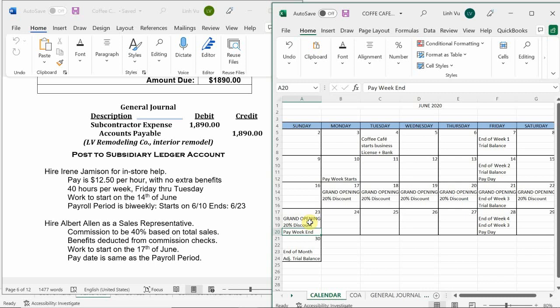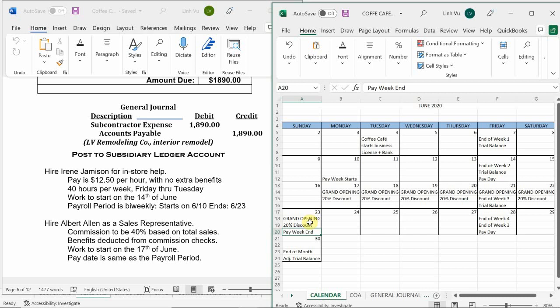Okay, and then because we hired her on the 11th, we're going to schedule her to start working on the 14th, because we have to train our employees before we actually have our grand opening, which is the 17th. So we're going to have her come in for a couple of days. We're going to train her to do what she needs to do, whether it's making the coffee or standing in front and handling the cash register.